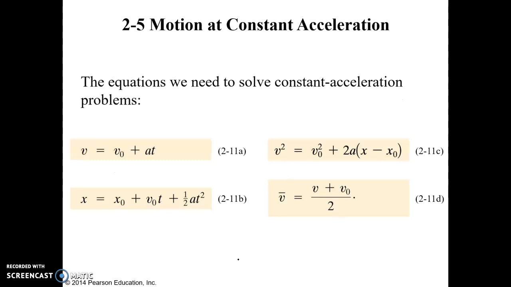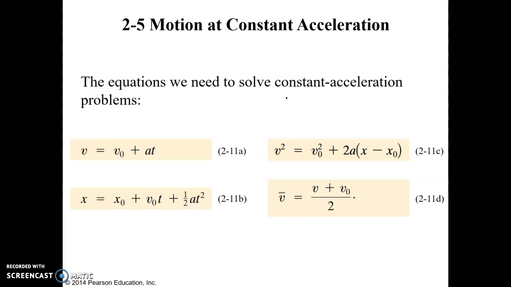Now, there are frequently situations in which acceleration will be constant. So, as it happens, there are a variety of formulas that we can use, and these are our first 4 big formulas that you're going to need to know. I have summarized many of the formulas used throughout the class on a formula sheet that I've posted to Blackboard, but these are perhaps, at least early on here in the semester, the 4 most important.